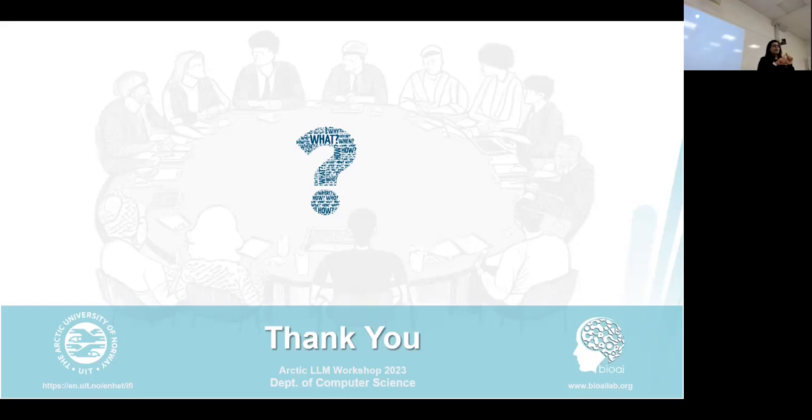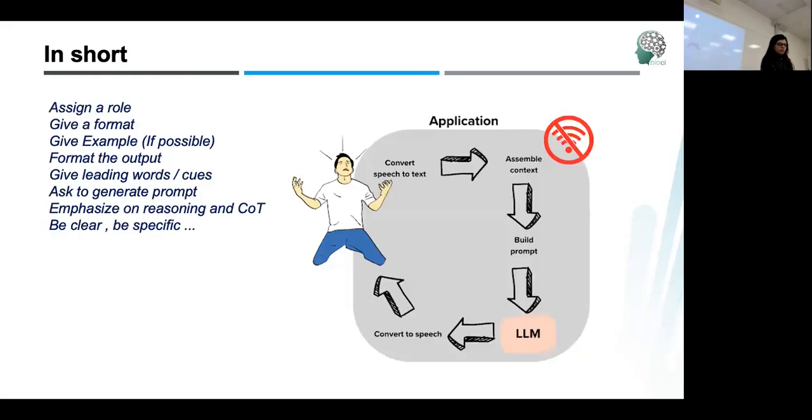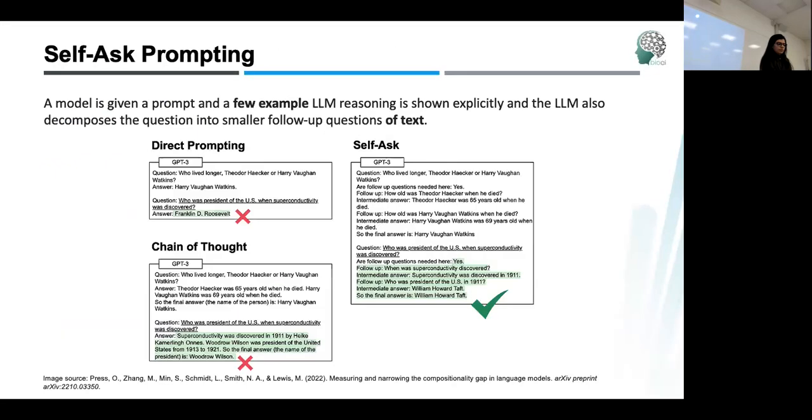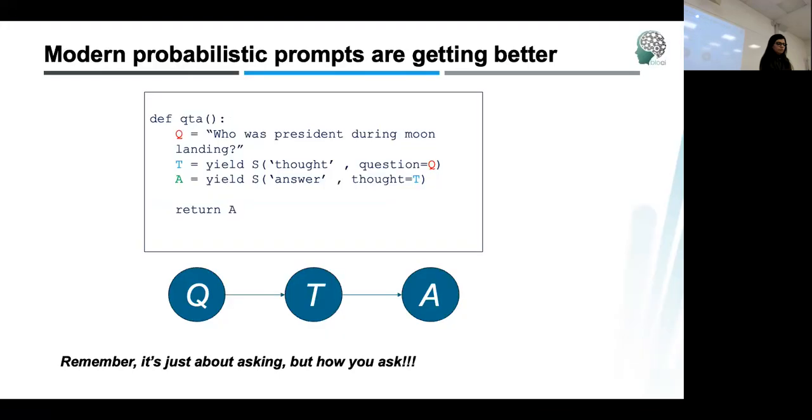If you give a query and the LLM responds with a chain of thought, it would submit each of those thoughts and answers as one response. Okay. Cool.